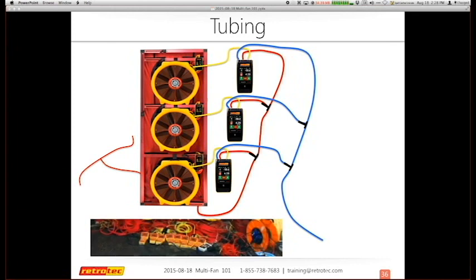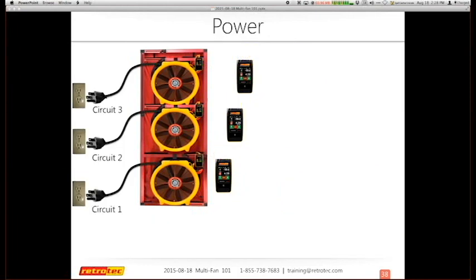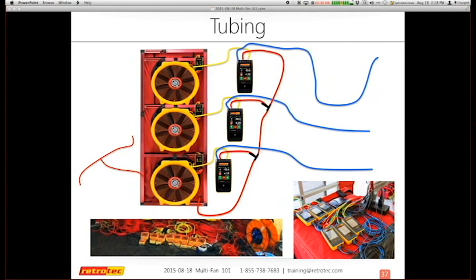Or I actually have the option of sending each gauge off to a different floor or a different area, so that I can actually monitor them on each individual gauge as I'm doing my test. So how you set this up is incredibly sophisticated and gets way beyond what I can do for you in an hour.